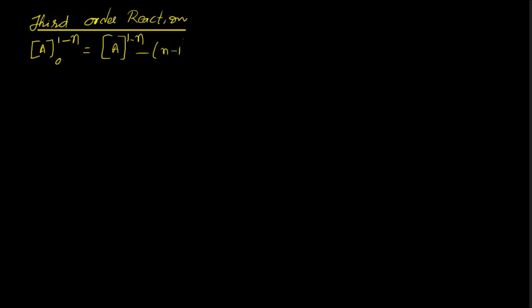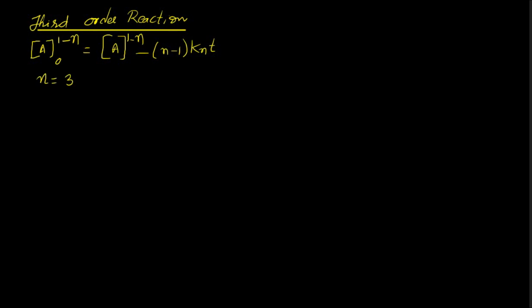For third order reaction, the general formula to derive the integrated rate law is A naught power 1 minus n, equals A power 1 minus n, minus 1, that is the K and T. So for third order reaction, n equals to 3.